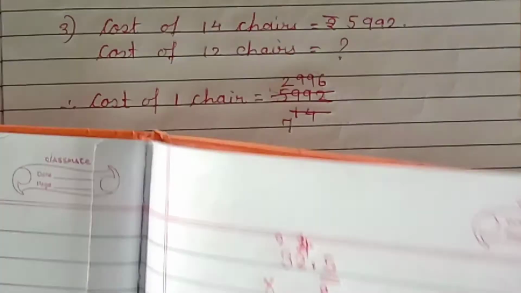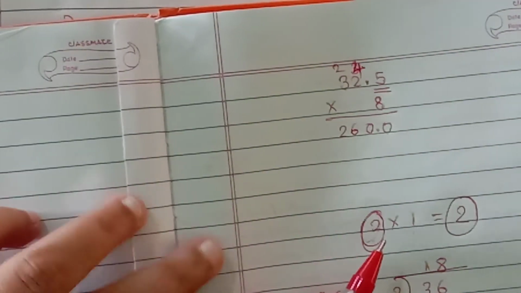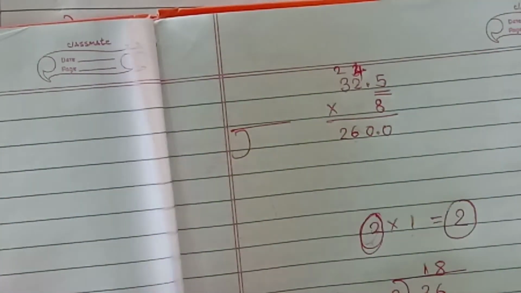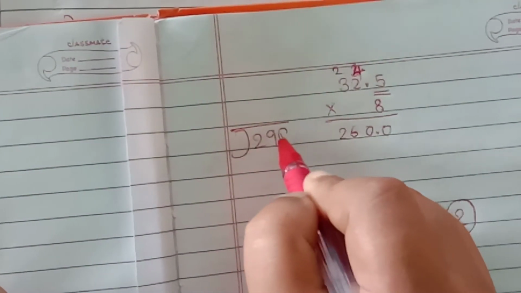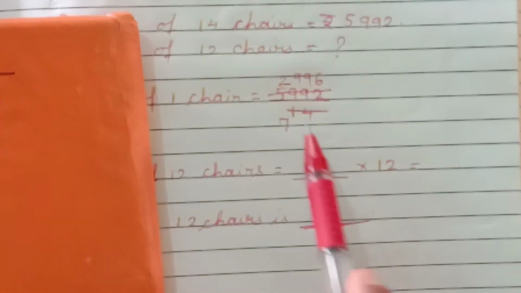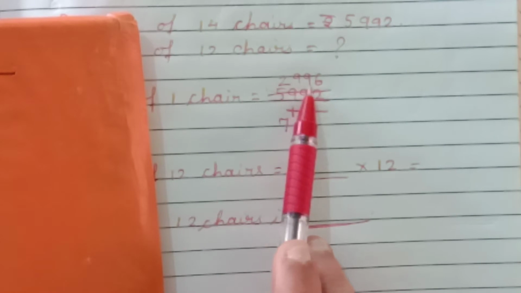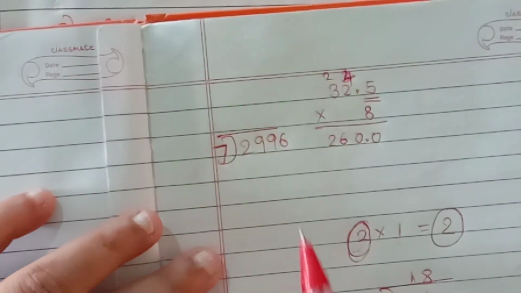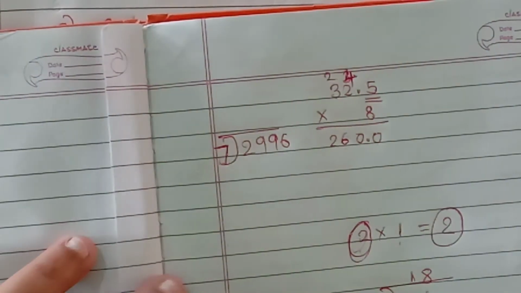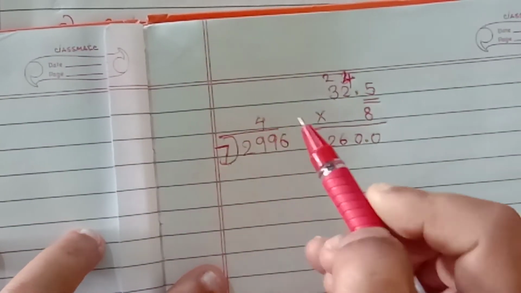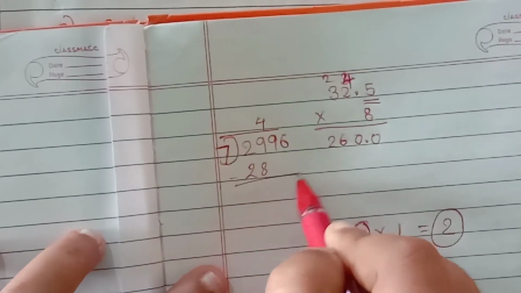Yeah. So again we will do a rough work. So what is the number now? This one, no? That is 2996 divided by 7. See here. 2996 divided by 7. So 2's table 29 will not come. Small number. 7's table. 7 4s are 28. 1 is remaining.